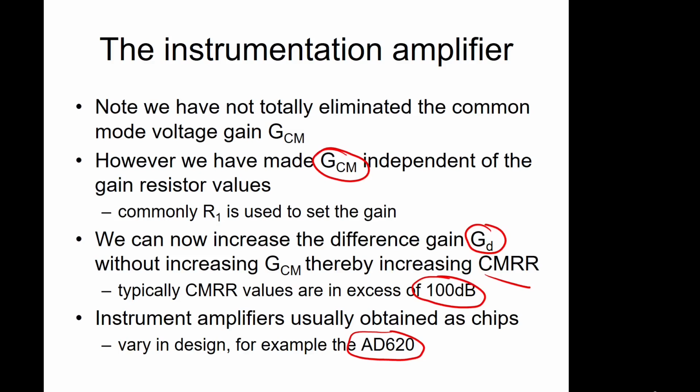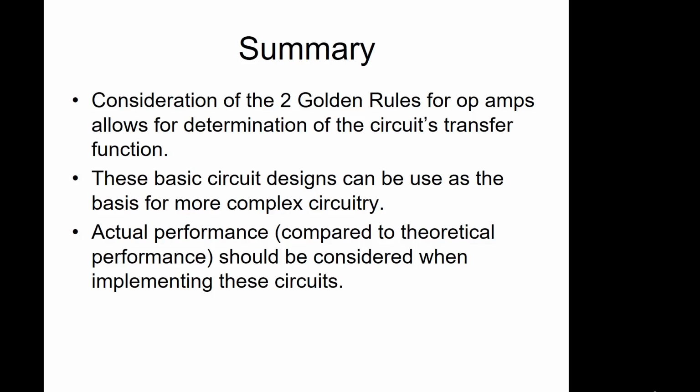So if you want to amplify the difference between two signals, then rather than use a difference amplifier circuit, you would go for an instrumentation amplifier because you get better performance. So that is one way we can design around some of the limitations. By suitably designing a circuit, we can improve on the performance of what would be normally achievable.